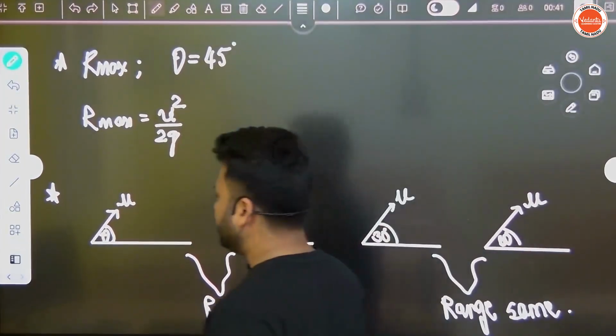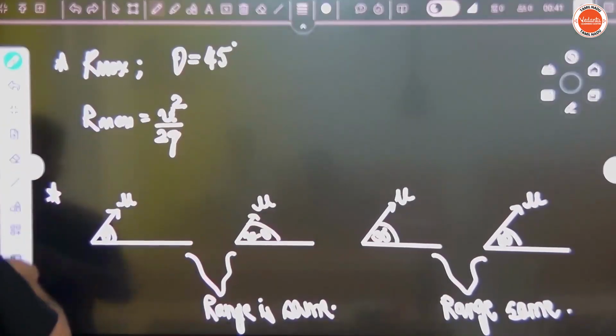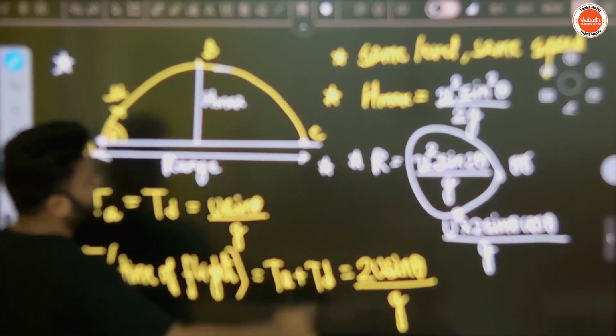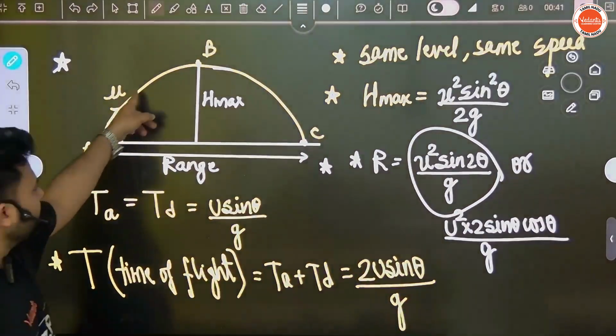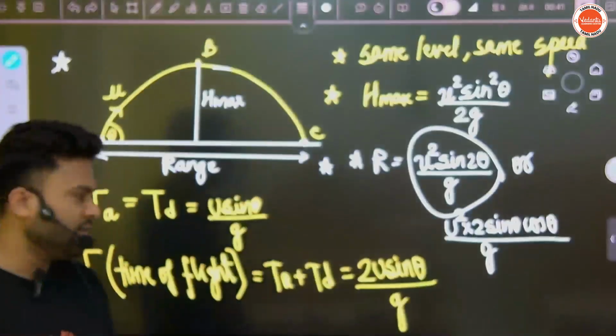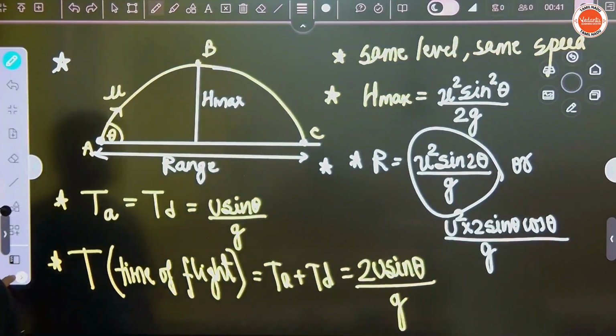See, you can see this path is not a straight line. This is called projectile. What is the equation of projectile?